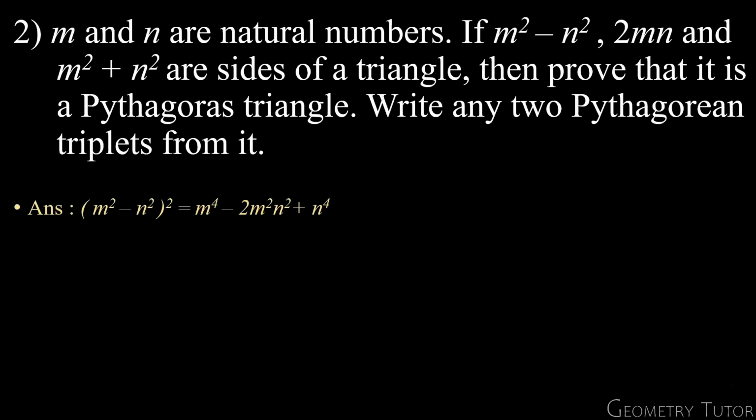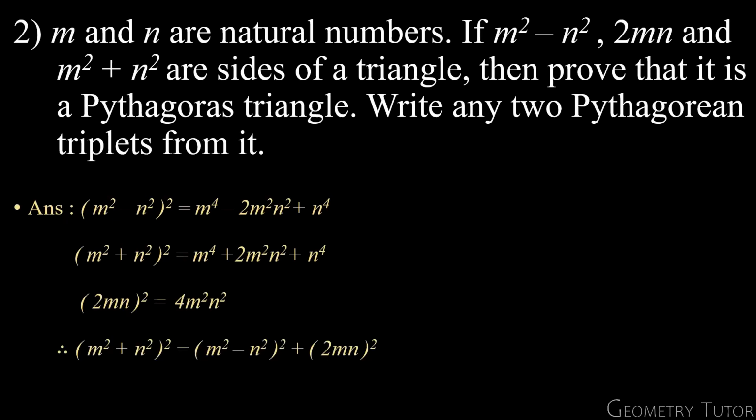First side is m square minus n square, and after squaring it, we get on the right hand side m fourth minus 2m square n square plus n fourth. Second side m square plus n square bracket square, we get m fourth plus 2m square n square plus n fourth. Third side 2mn bracket square, we get 4m square n square.